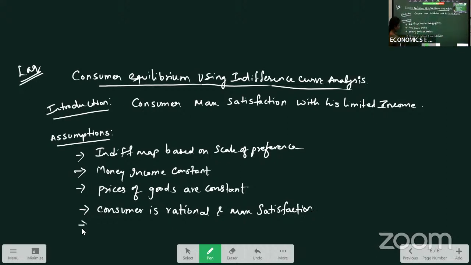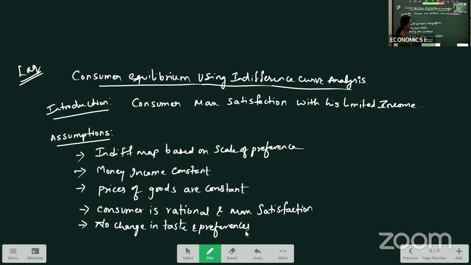And throughout this law, we assume that there is no change in taste and preferences of the consumer. Means with these assumptions, we will explain this law, right? So these are the assumptions of the law.